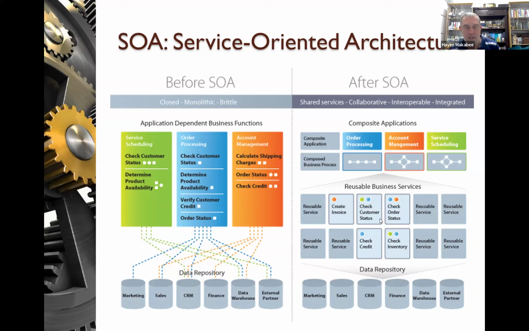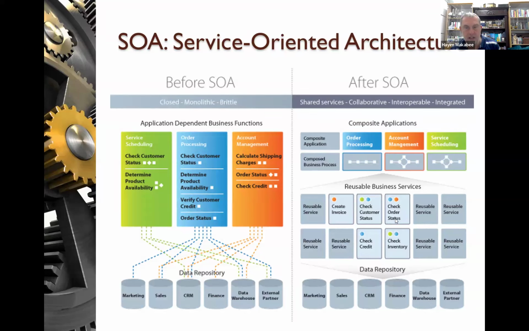So, for instance, you see here these circles show who is using each service. The create invoice is being used by the account management, and the check customer status is being used by the order processing and by the scheduling.